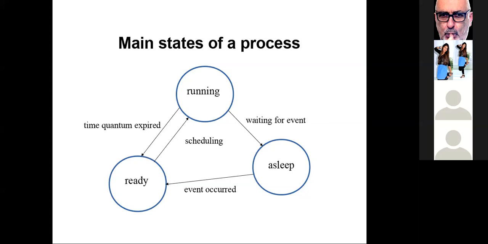This is the reason why I told you that in 99% of cases when you issue a system call, the process is taken out of the running status and goes asleep, because a system call in general needs some time, and when the system call is completed, an event, system call completed, occurs, and so in this case you can put the process again in ready state.